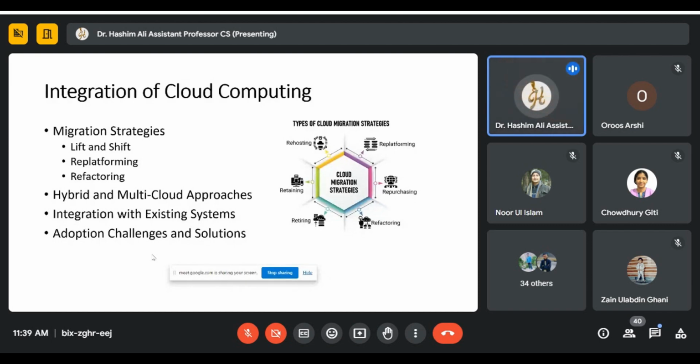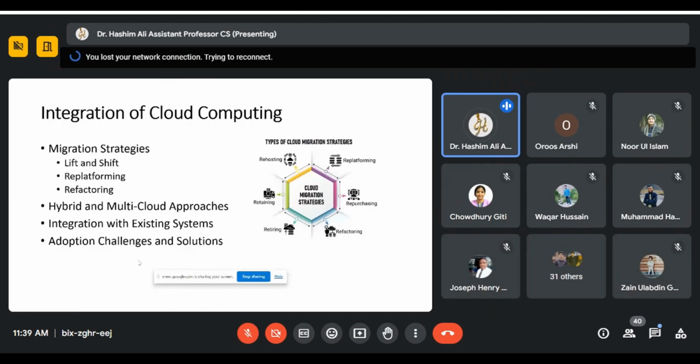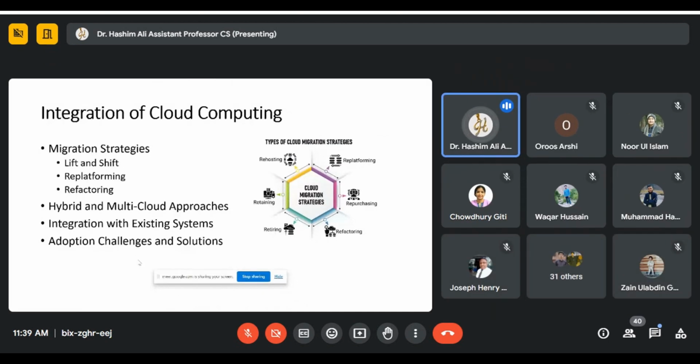So we lift that job from that server and shift it to another resource. We call this migration strategy lift and shift.